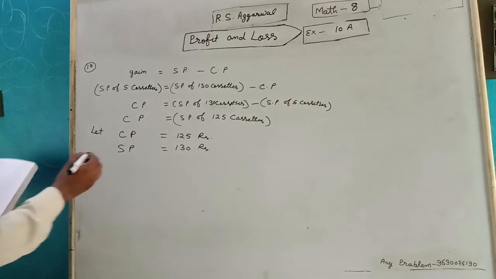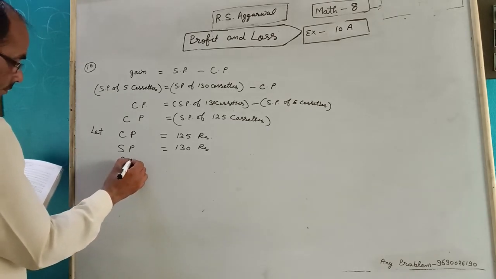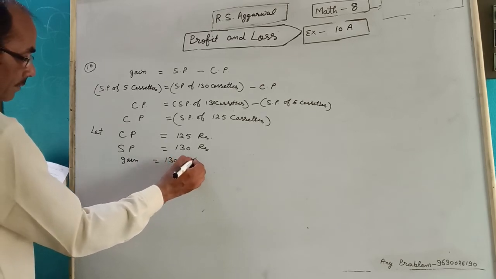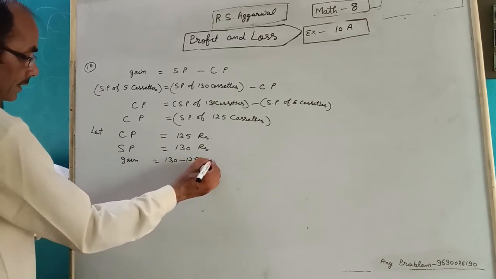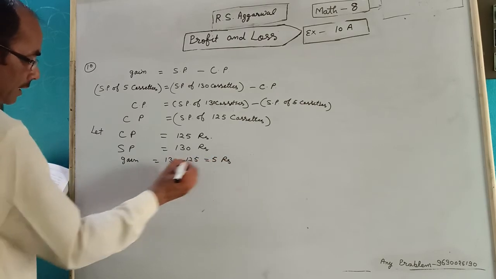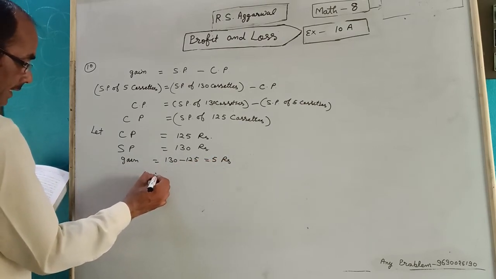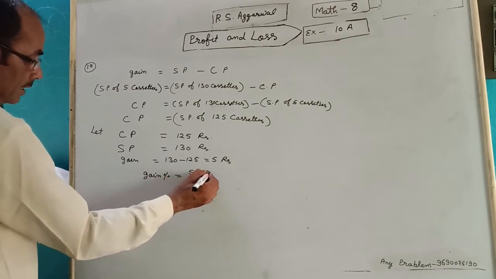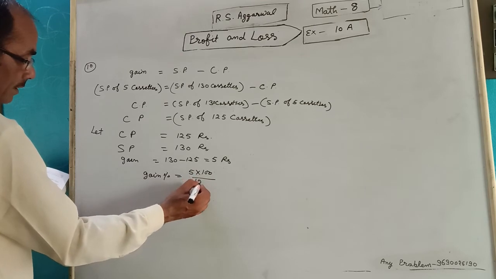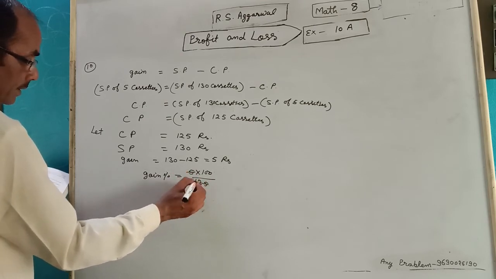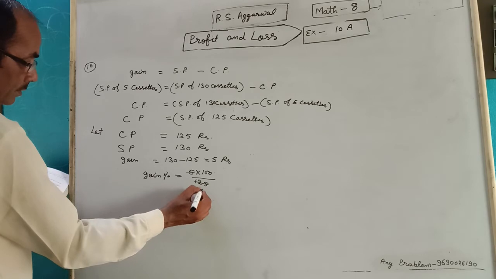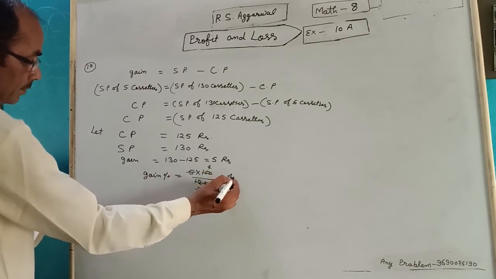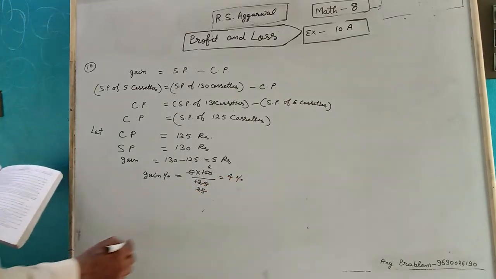Gain is equal to 130 minus 125, which is 5 rupees. Gain percent is equal to 5 into 100 upon CP, that is 125. 5 twenty-fives are 125, so 4% gain. This is the process.